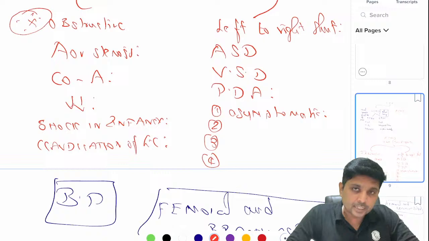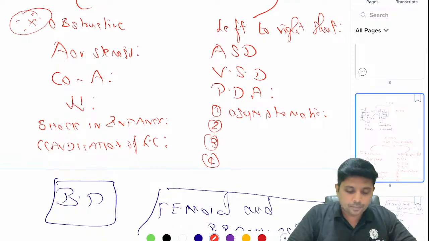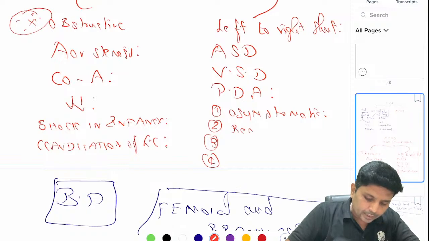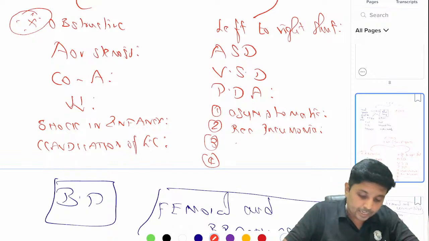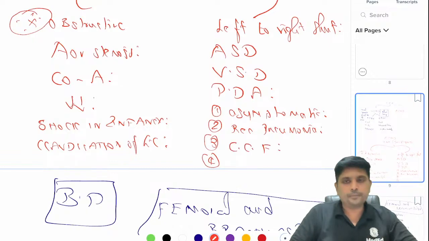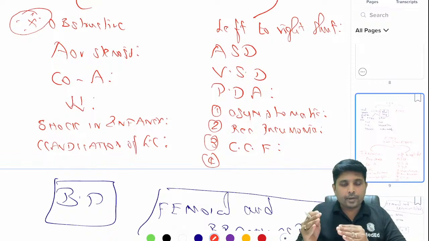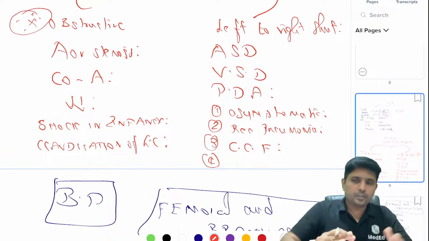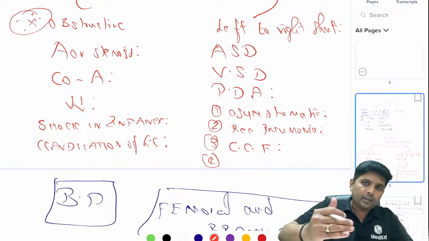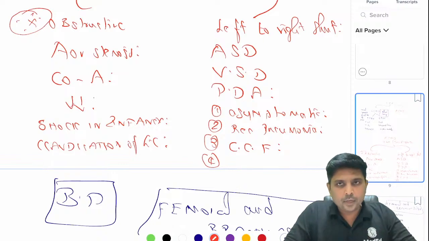Second, when the shunt is very large, it will lead to pulmonary congestion. This pulmonary congestion can lead to recurrent pneumonia and can lead to congestive cardiac failure. You all know that the pulmonary vessels are meant for low pressure circulation. When more and more blood flows from the left side of the heart to the right side of the heart, to the lung, what will happen?